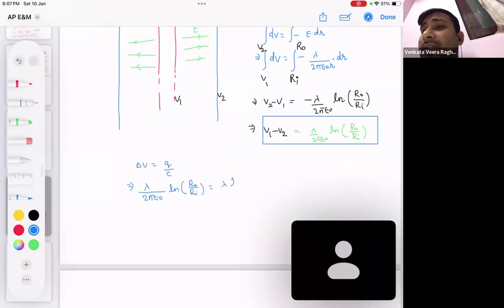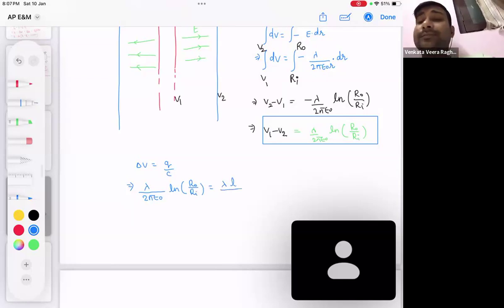Can I say charge is again going to be lambda into L? That is, we want to calculate the capacitance of some length L, right? Because it's an infinite cylinder, infinite capacitance will come. So here, in case of cylindrical capacitors, what we do is calculate the capacitance per unit length, not the complete capacitance. Okay. So this is C by L.